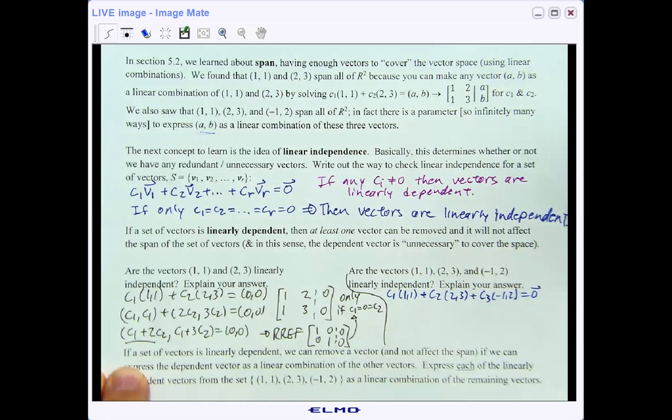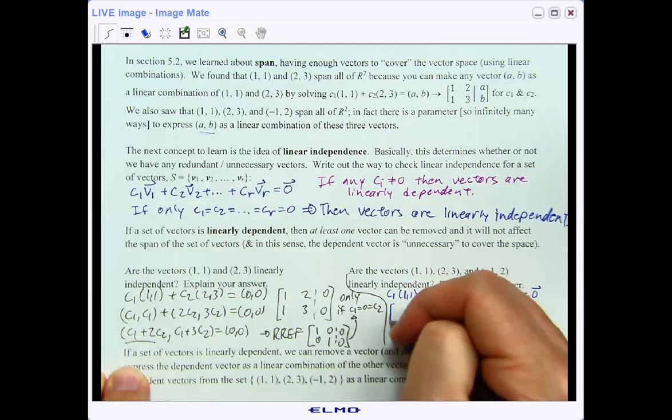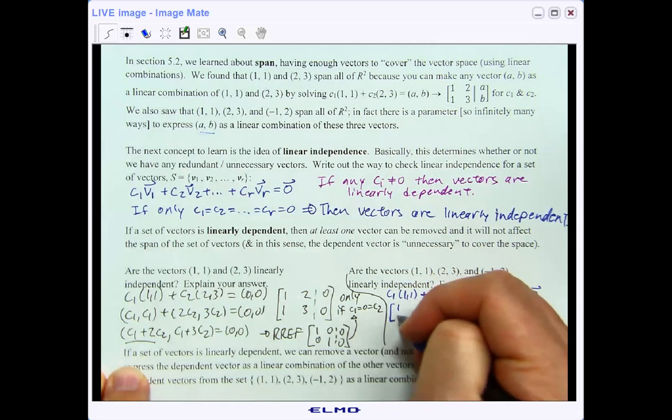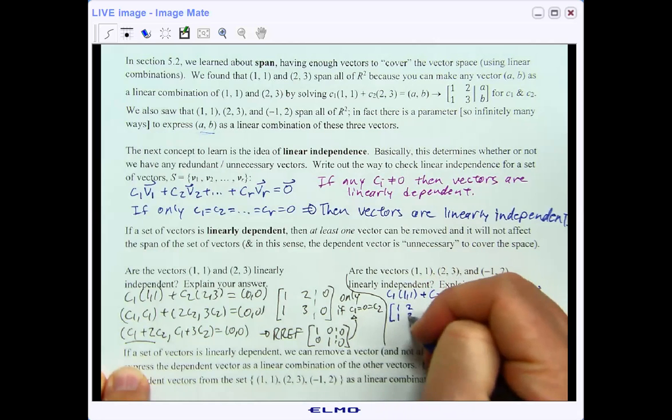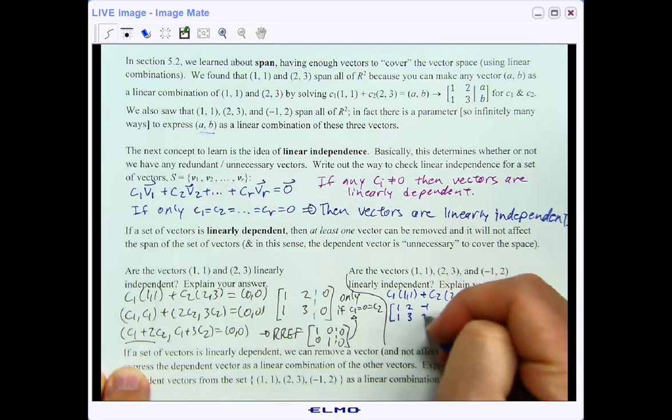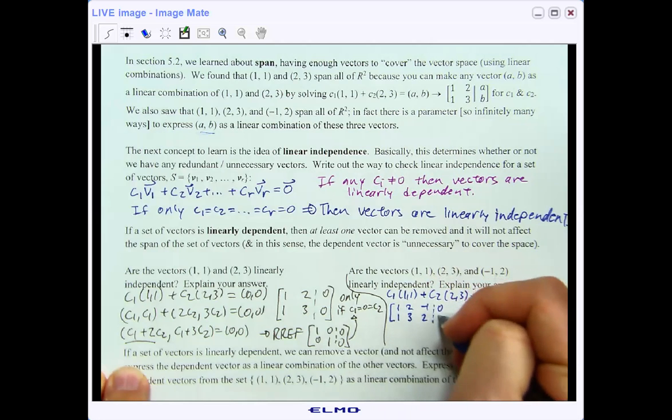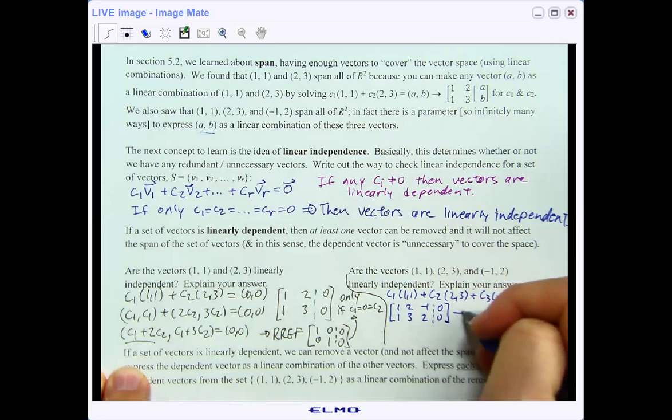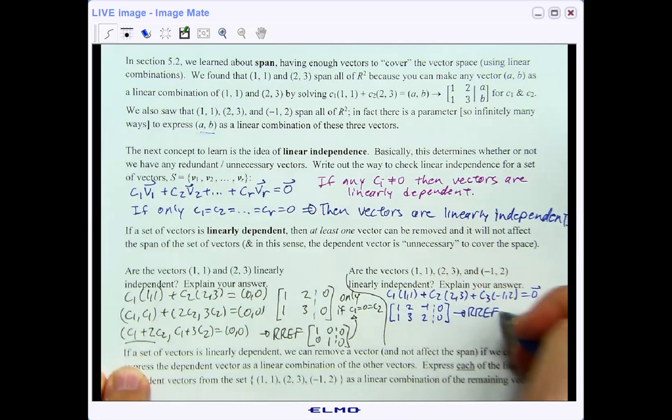equal to the 0 vector. After just a little bit of work, that leads to a matrix, which if I RREF, I will get 1, 0, -7, 0, 1, 3.